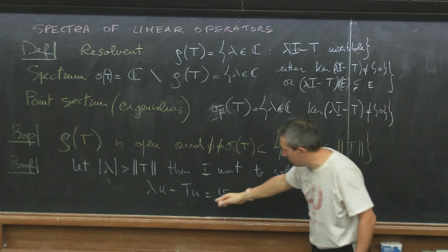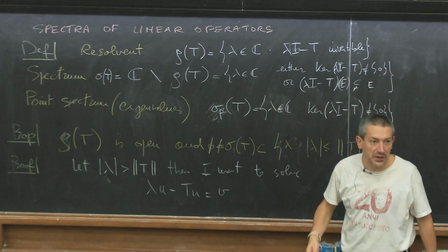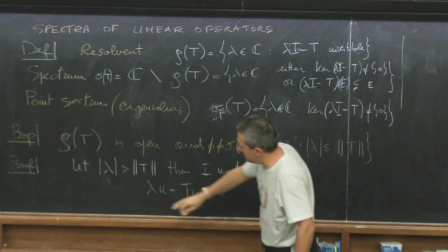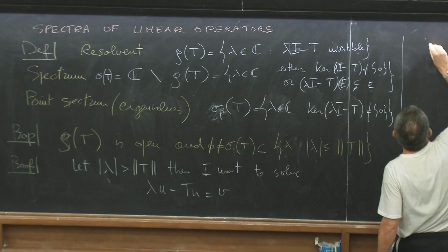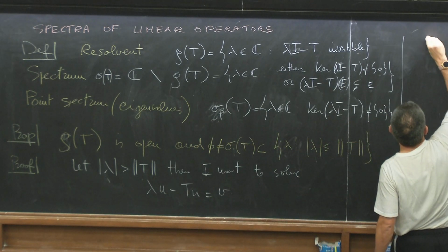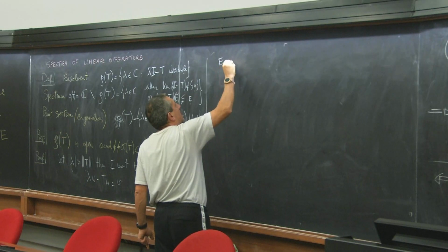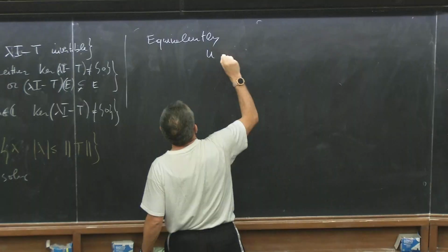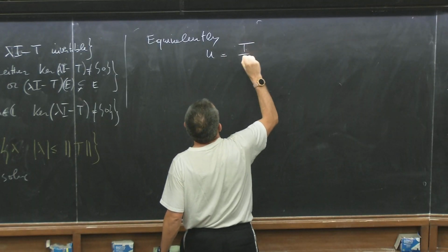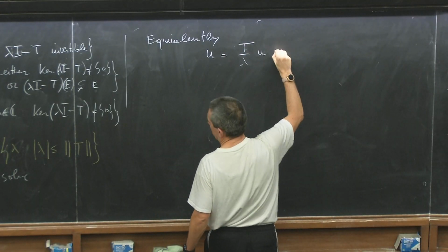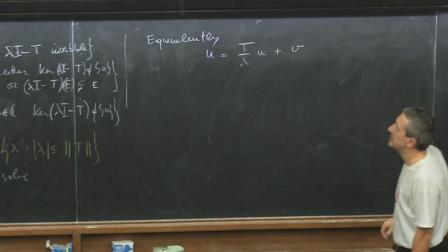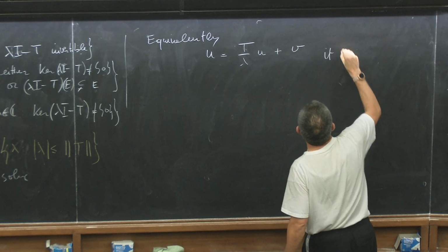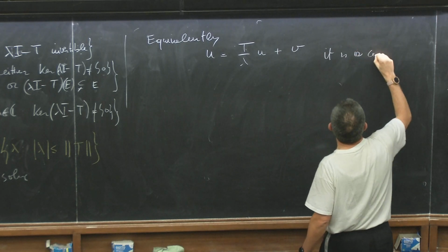So I need to prove that there exists a unique u. Now, use this hypothesis. Equivalently, u equal to T over lambda applied to u, plus v. This is a contraction. Then I leave it to you.